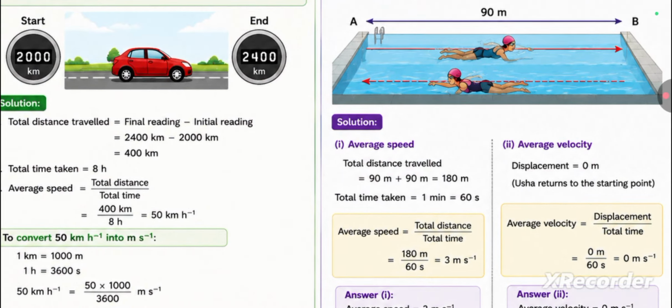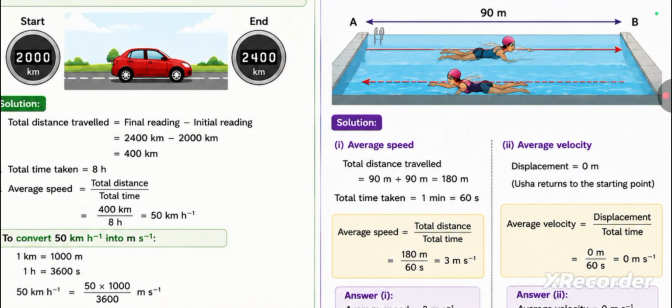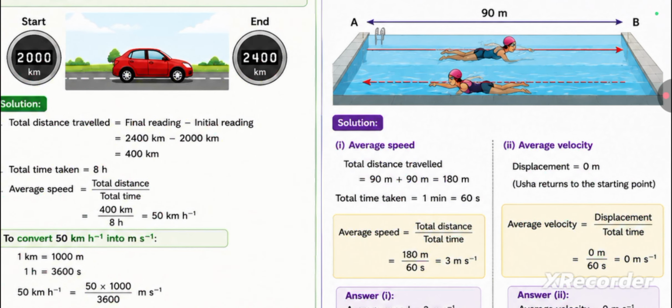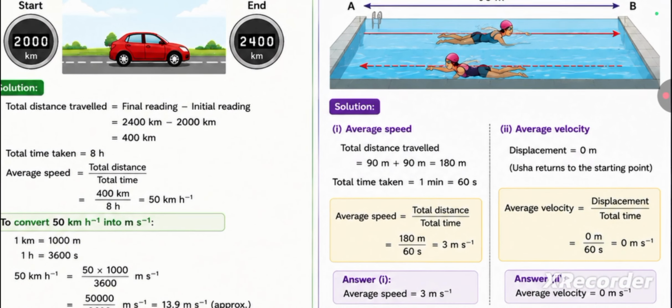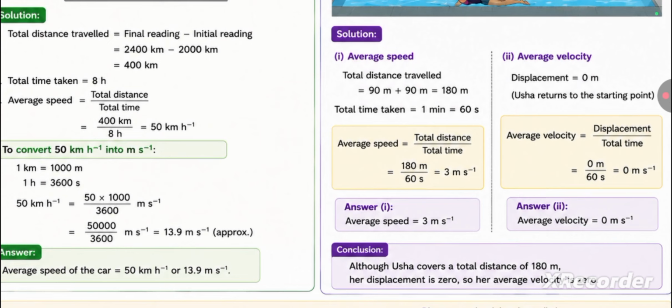Usha returns to the starting point. The average velocity formula is displacement by time taken. So 0 meters by 60 seconds, and 0 by anything is 0. So her average velocity is 0 meters per second.